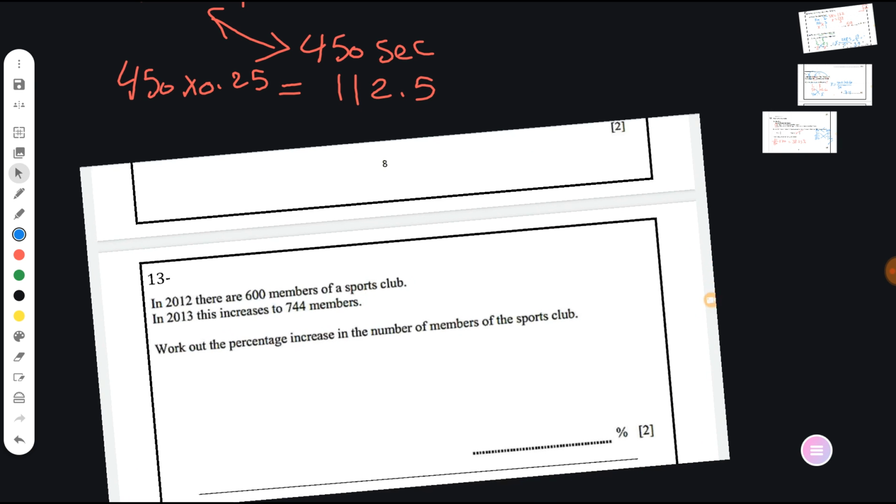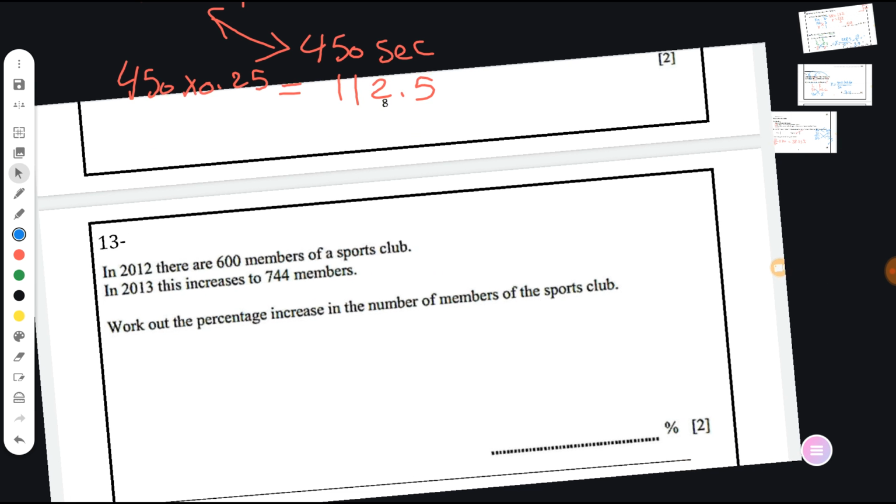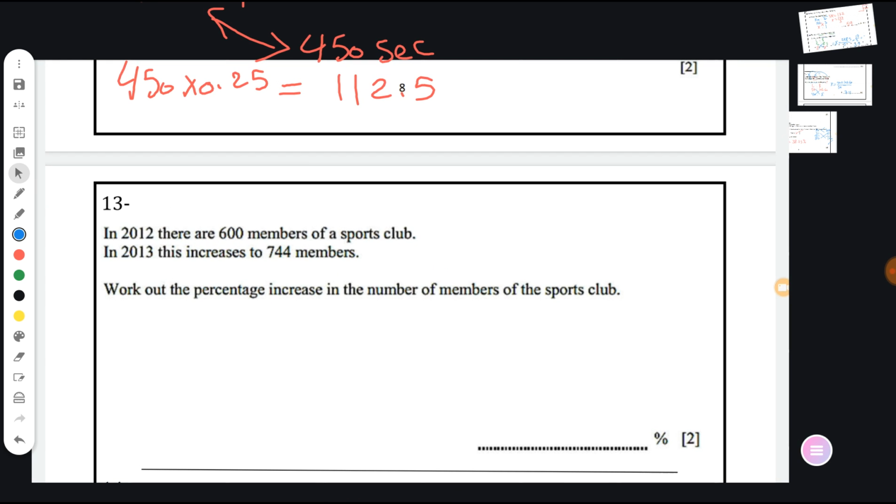Last question from paper 2. Take care about this question. In 2012, there were 600 members of a sports club. In 2013, this number increased to 744 members.